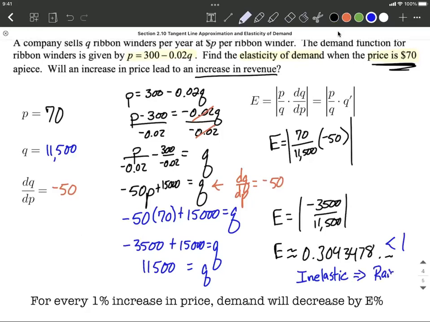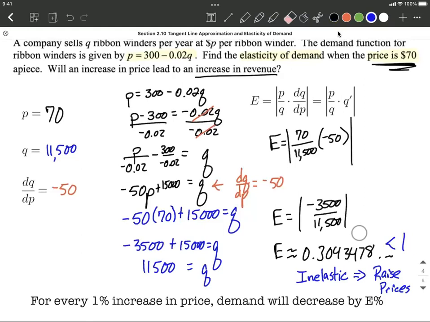And why we should do that is, reading down below, interpreting it: for every 1% we increase the price, the demand is going to decrease only by E%. I say only by E% because we just found our elasticity of demand to be 0.3, which is less than 1.